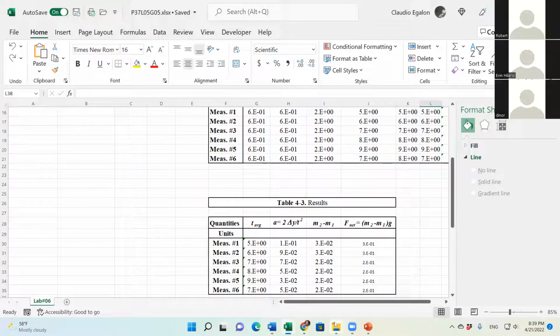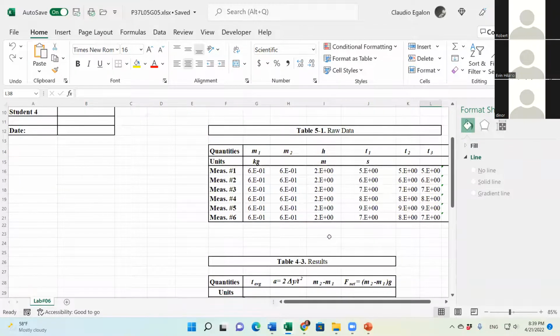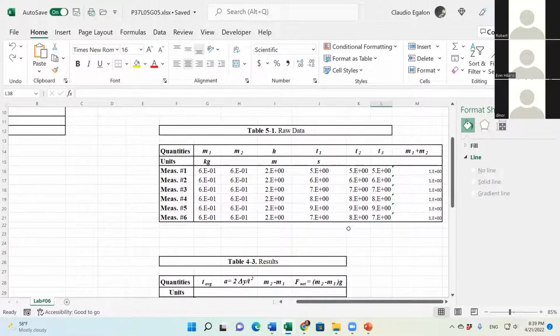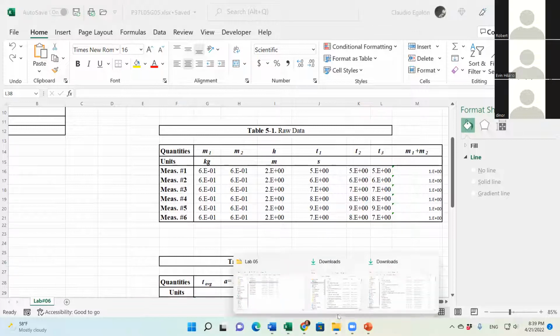Are you talking about the T average, or the T1, T2, T3? T1. Okay, it doesn't matter. Which group are you? I'm on group 1. I'm only asking so I can make sure my sig figs are correct. Because on the other ones it's only 3 sig figs, but on that one it's double digits.